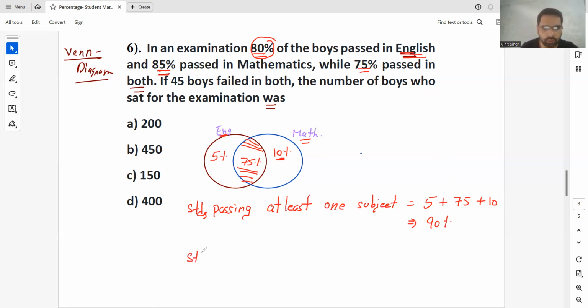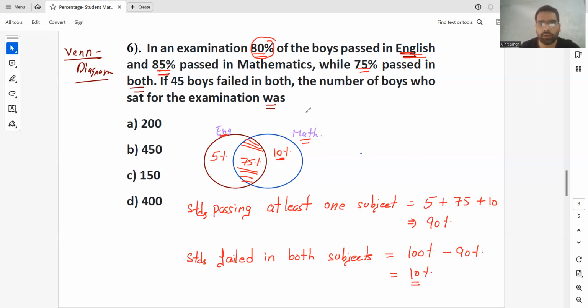So students who failed in both subjects is equal to 100% minus 90%. 10% are those students who failed in both subjects. Now we have to find, if 45 boys failed in both, the number of boys who sat for the examination.